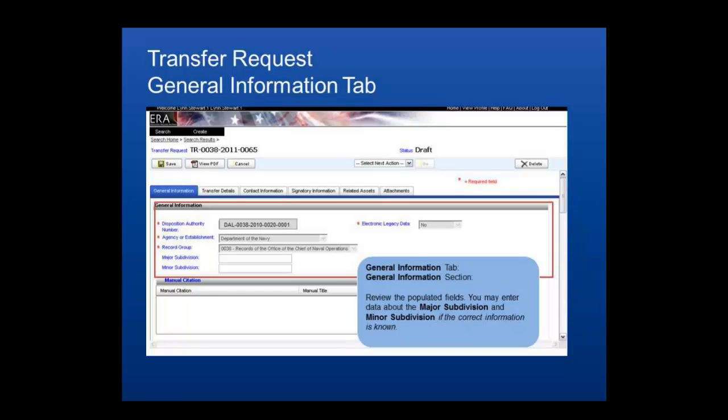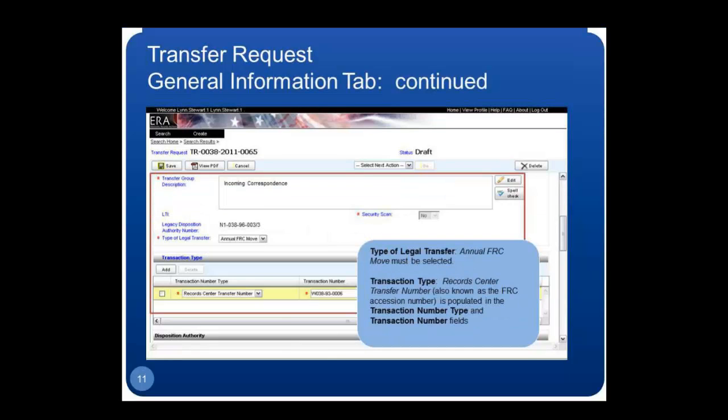A little further down on the same tab, this is a long tab, like transfer details. Both general information and transfer details seem to go on forever. A little below the disposition authority information, a little above, is going to be the transfer group description. That's a really long and rather convoluted way of saying this is just a free text field that tells everybody, you, NARA, what's in that group of records.